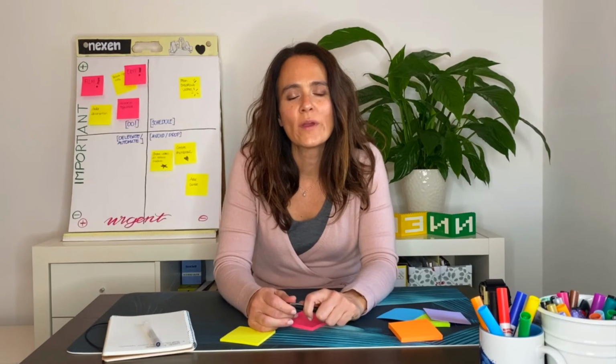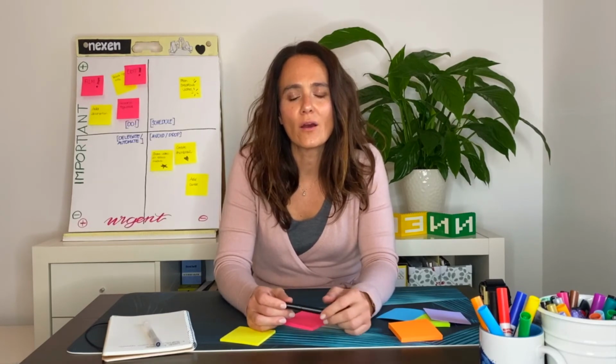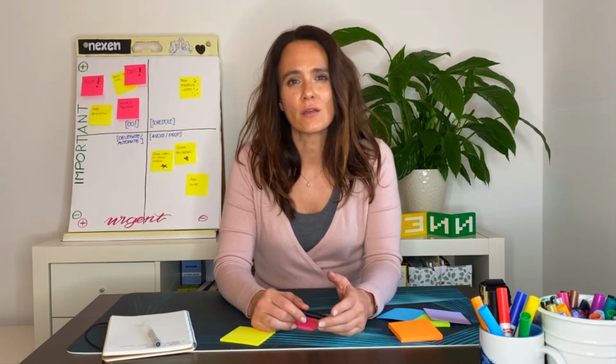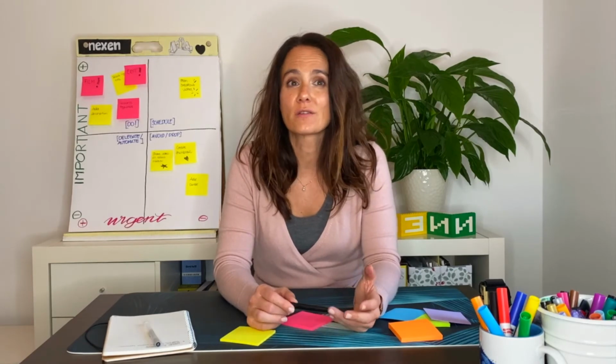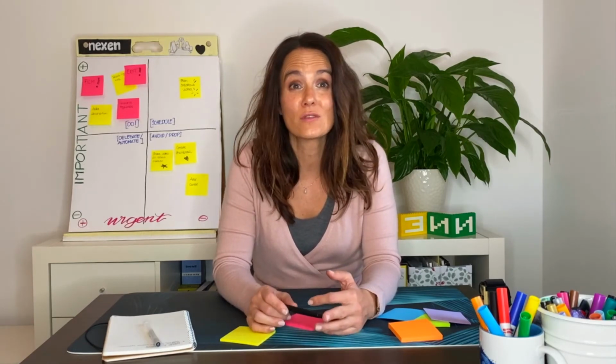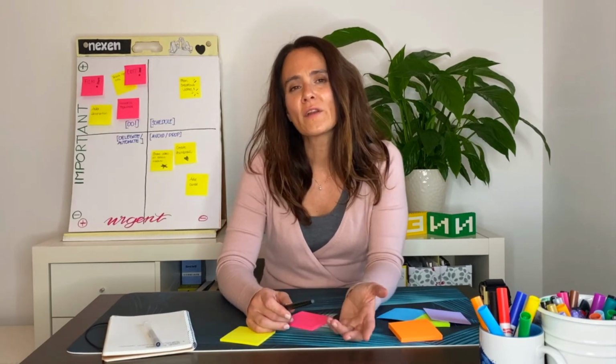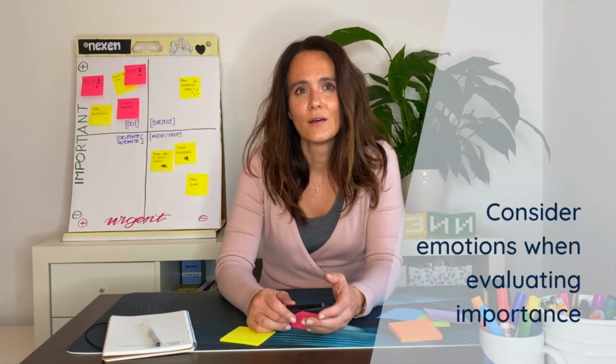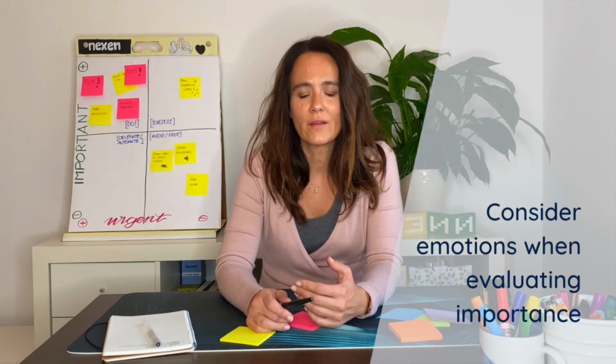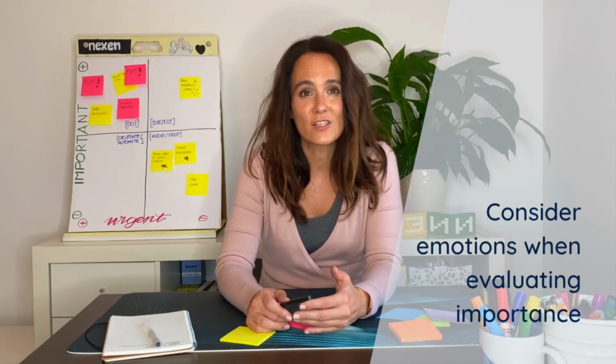Secondly, we need to come up with a way of introducing emotions such as pleasure, satisfaction, or other emotions in this matrix. It can be just a code. On one hand, I suggest to my Design Your Time students to consider pleasure and satisfaction when they evaluate the importance of a task.